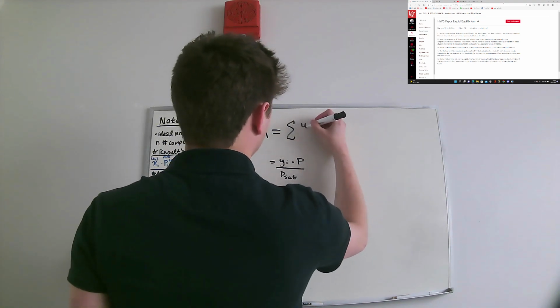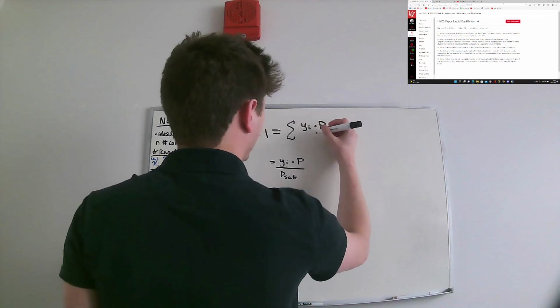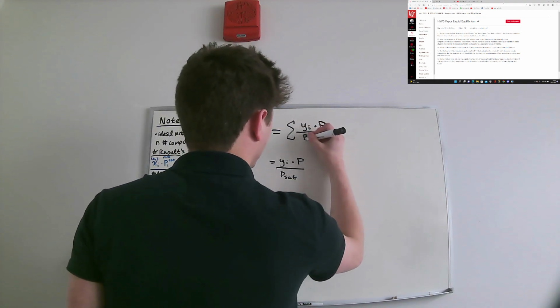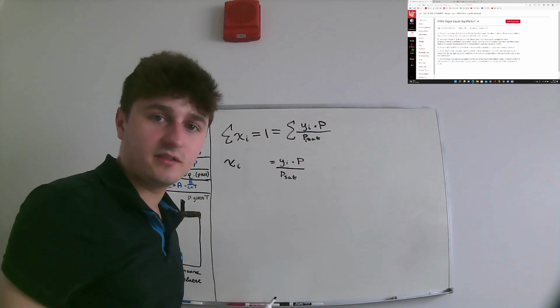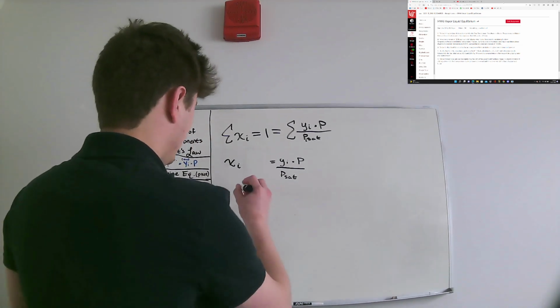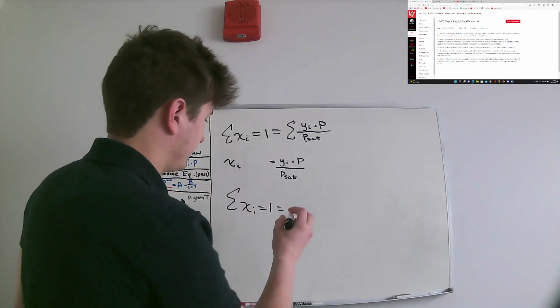So we'll have our vapor mole fraction multiplied by our total pressure, divided by our pressure of saturation, Pi sat. I'm just going to write it out and then explain why I'm doing so.